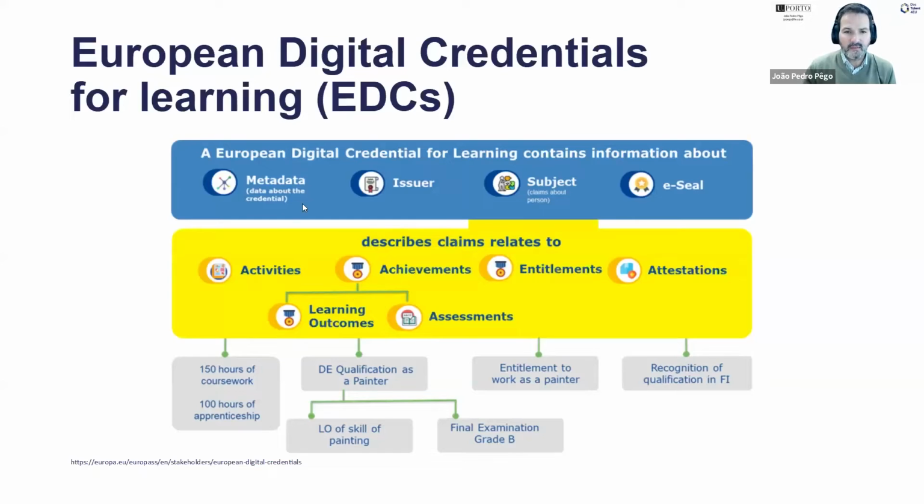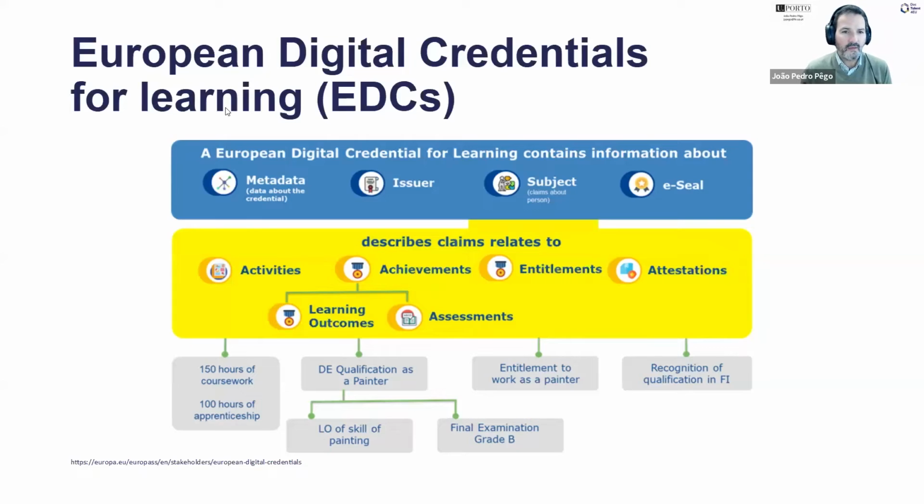Besides achievements, it can also describe entitlements and attestations. In our particular case, since our courses are small, we are not using very complex digital credentials. Although within Deliverable 3.1, where we describe the process of issuing the digital credentials, we have gone through all the fields and the metadata that is possible to include.